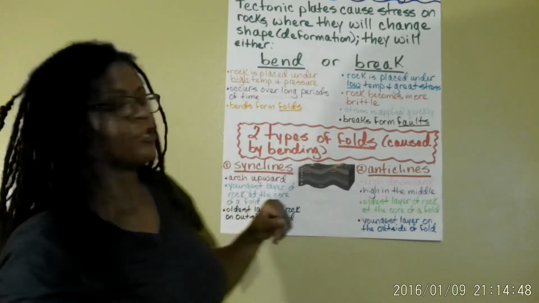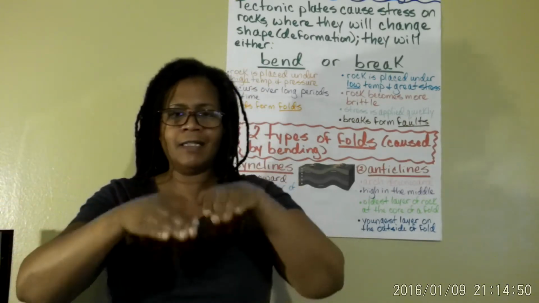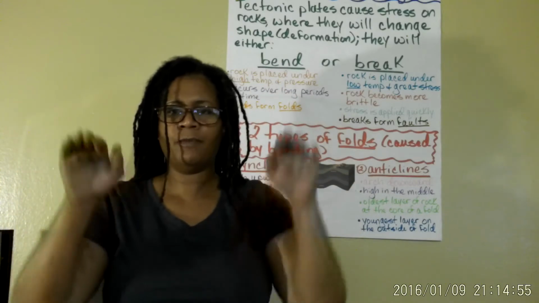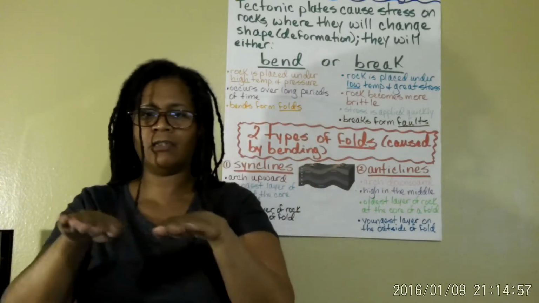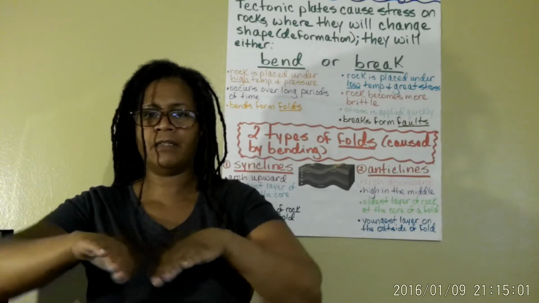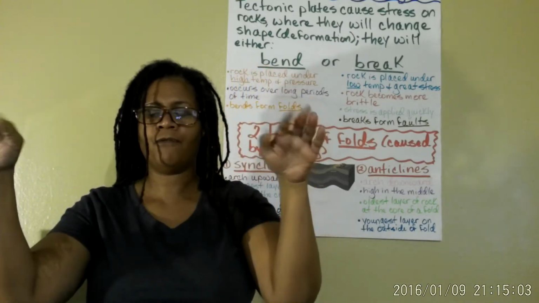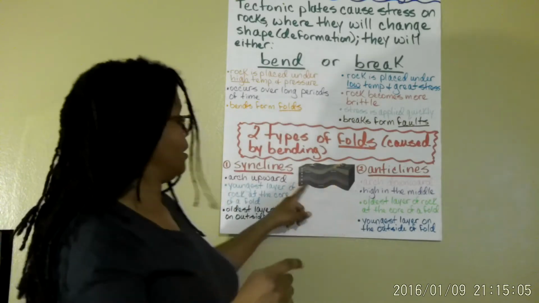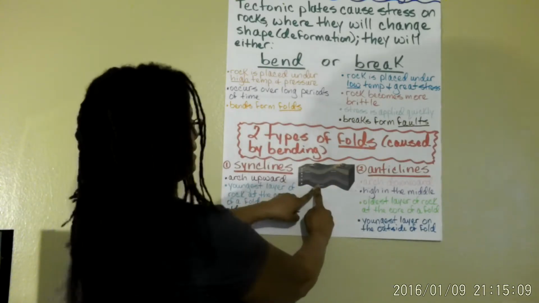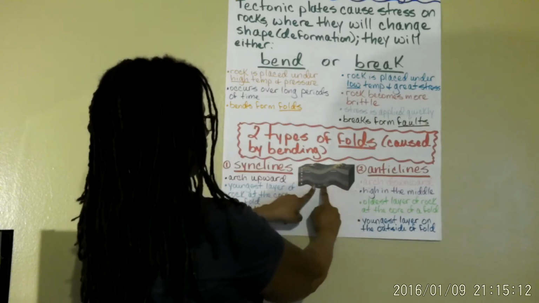Remember, they're saying it arches upward. So it sits low and it comes up. So they're not talking about this low part of the syncline. They're talking about the way it arches upward from a low position, okay? So it starts here at a low position, but then it arches upward, okay?